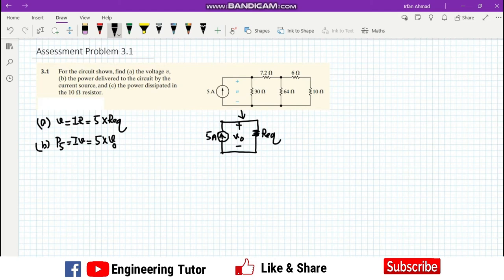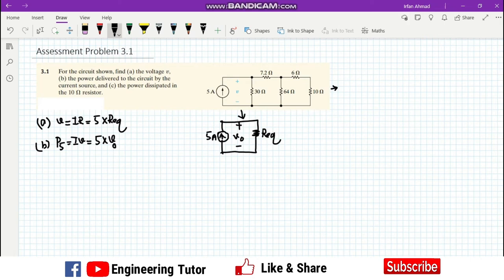To find these two quantities, we have to convert this circuit into a very feasible form. The first step is converting all the resistors into the equivalent resistance.